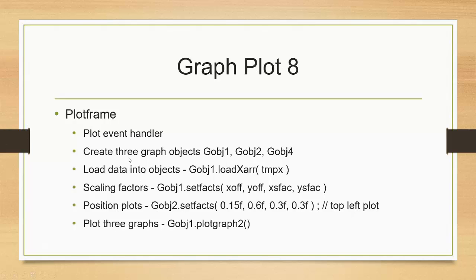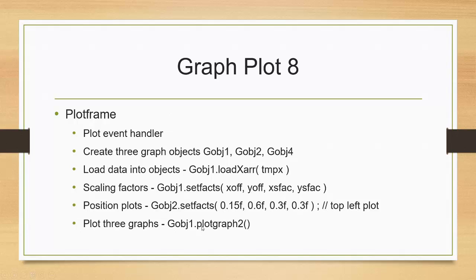Plot frame. This is an event handler, and in this block of code we've got three objects created, and we load an array. These are the numbers after they've been scaled and translated. Here's the translation, where you set the offset and factors.